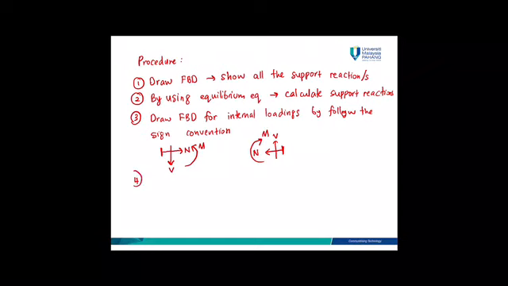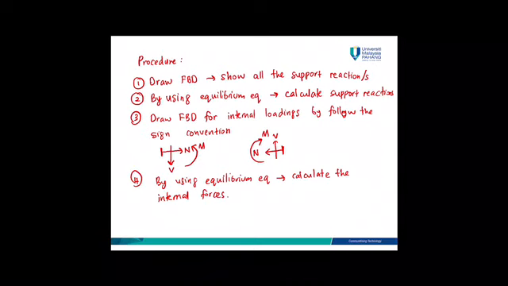So please remember this sign convention. And then again, by using equilibrium equations, calculate the internal forces. This is the procedure that you need to follow.